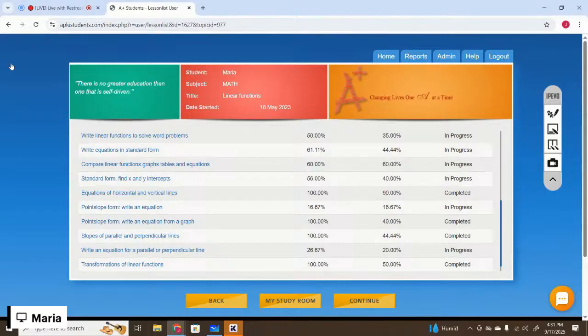The next lesson is point slope form, write an equation.